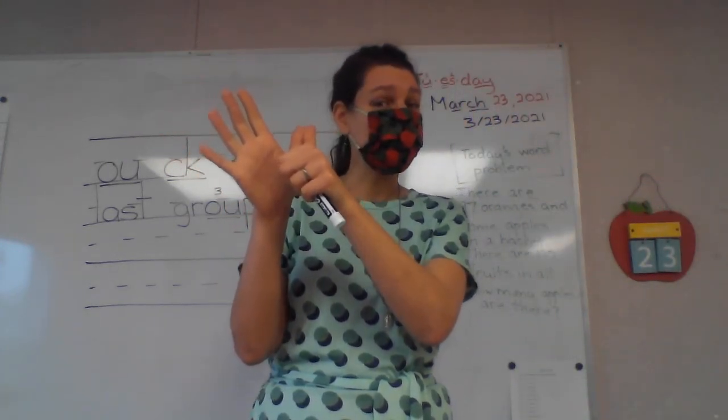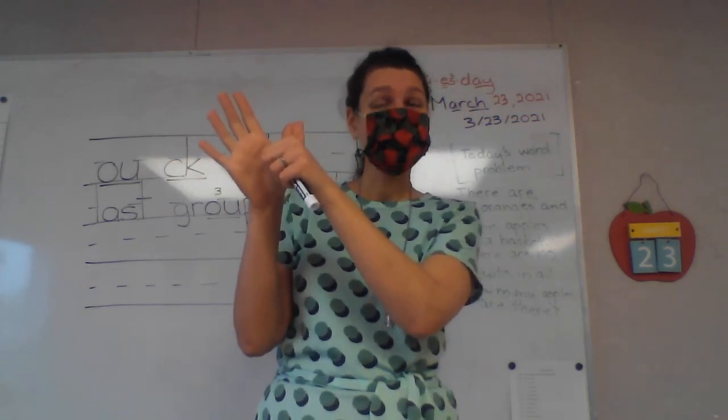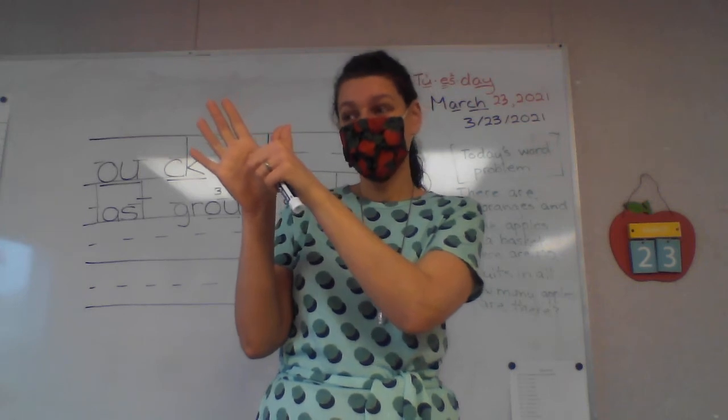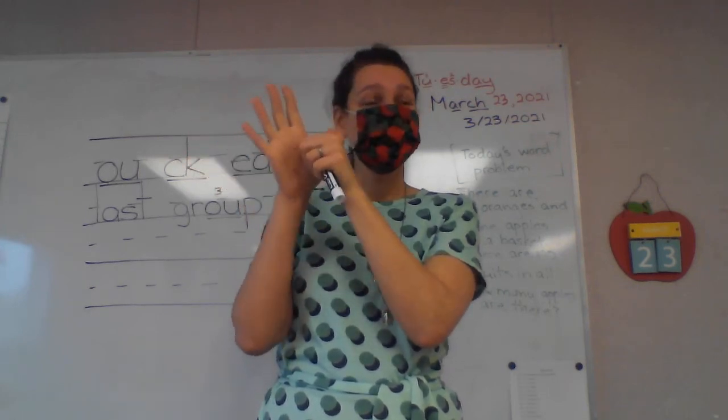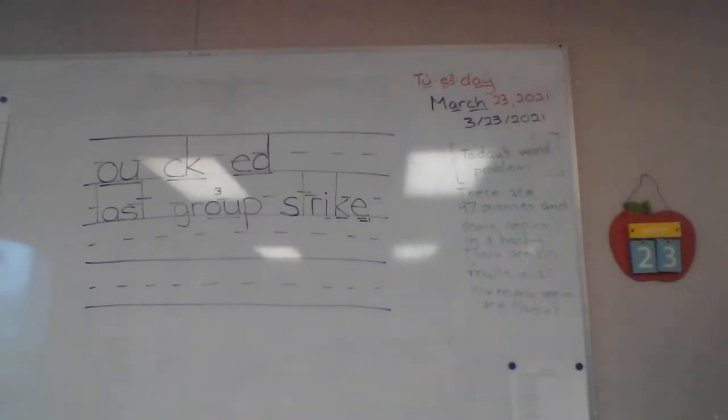Class, which k do we use for struck? Two-letter k, used only after a single vowel. Good. Write the sounds in struck. Say them while you write them so you don't miss any of those 3 consonants.